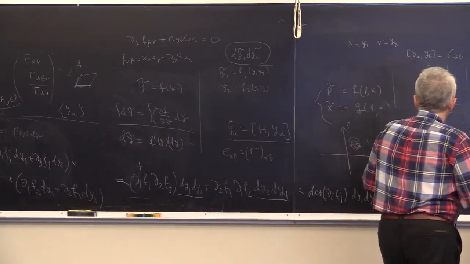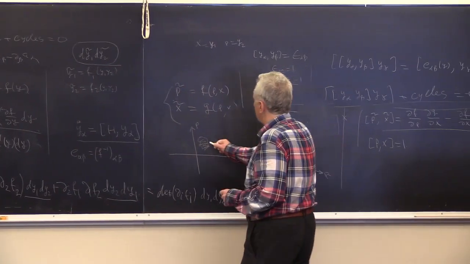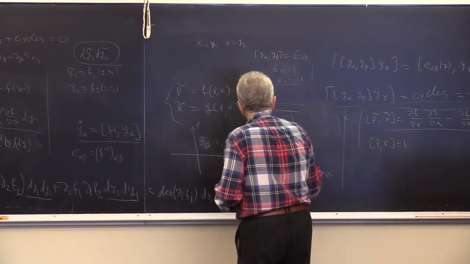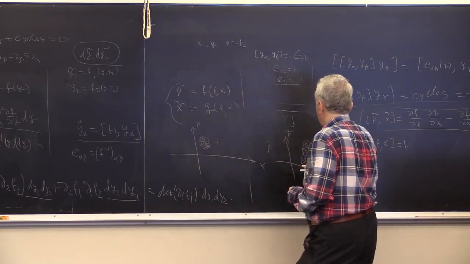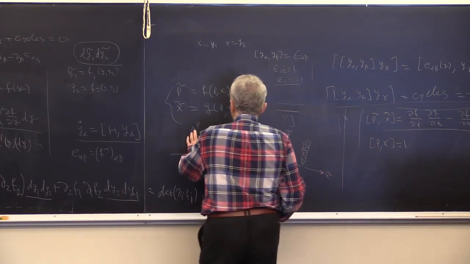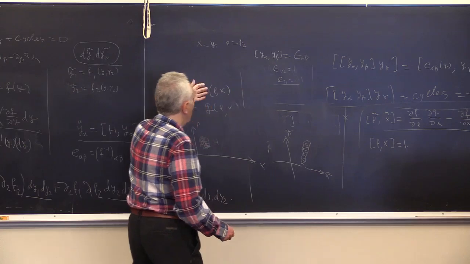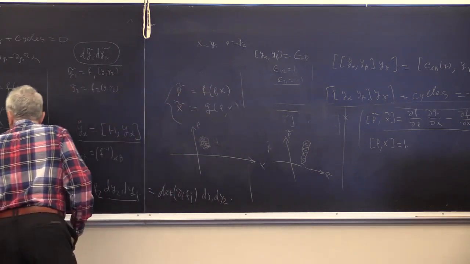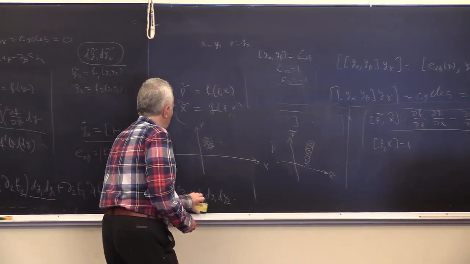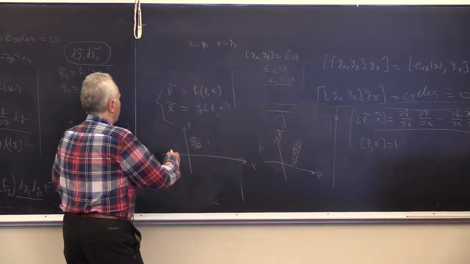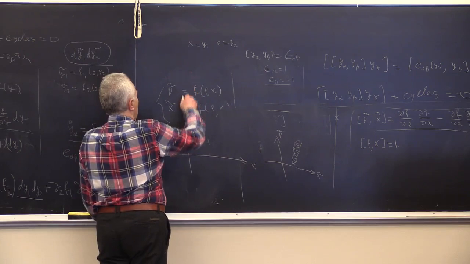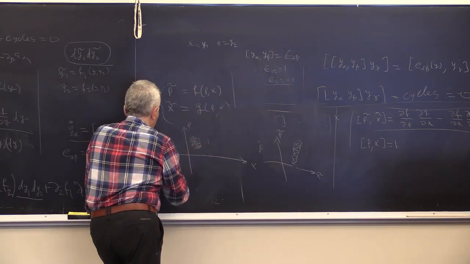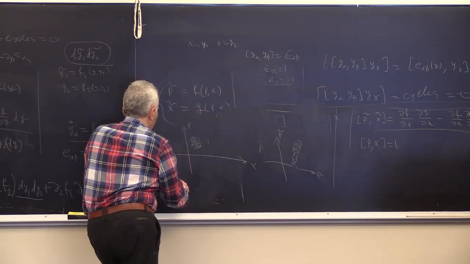And so what it says is that under a canonical transformation, the domain changes. So you should imagine it this way. We can always say that the boundary of the domain is some parametrized curve.